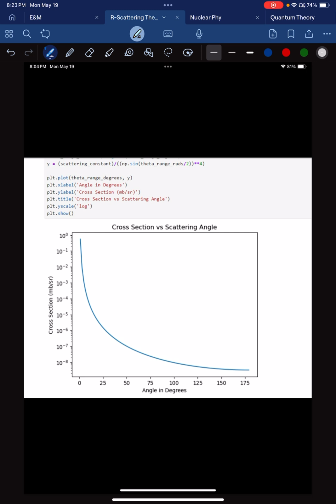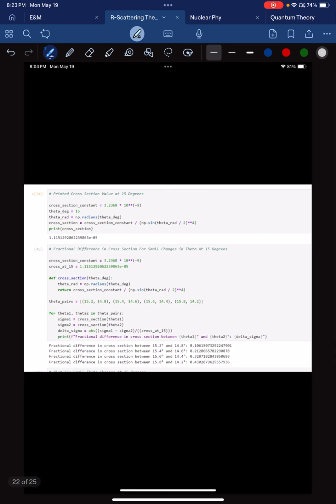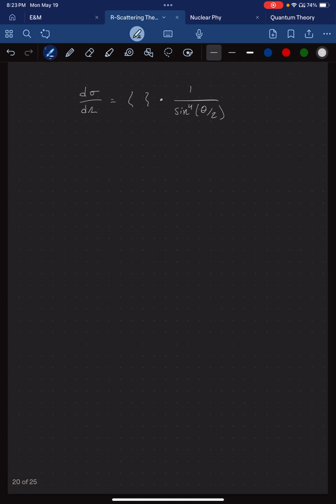And the next thing that Dr. Daniels had me do was look at change in incident angle. From the way that he described it to me, and some of this is still a little bit over my head, I got to talk to him tomorrow a little bit more. Essentially, we have our source over here that's going to be decaying, and it decays isotropically, which means evenly in all directions.